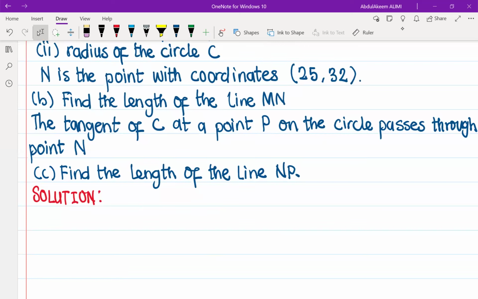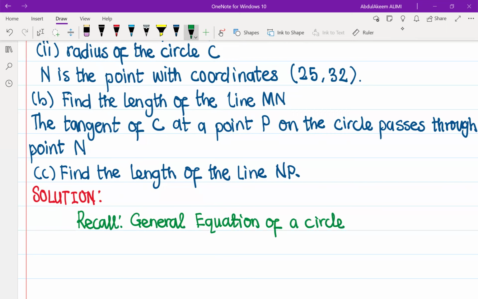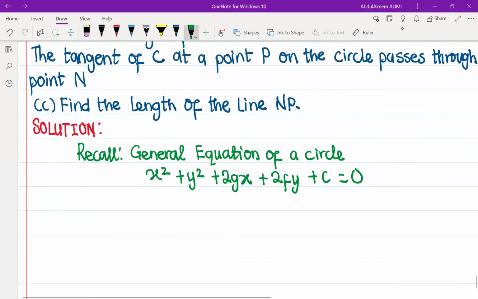So what do we do here now? This one is under equation of a circle. So let's recall the different forms we have there. Let's recall the general equation of a circle. For the general equation of a circle, I have x squared plus y squared plus 2gx plus 2fy plus c equals 0.